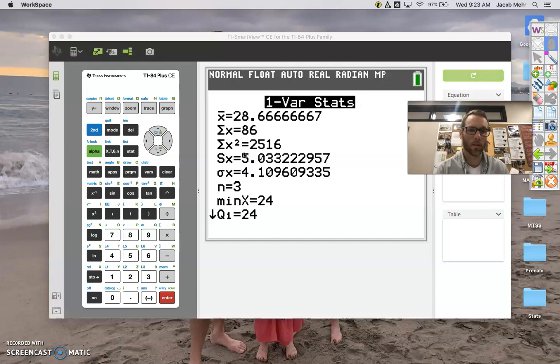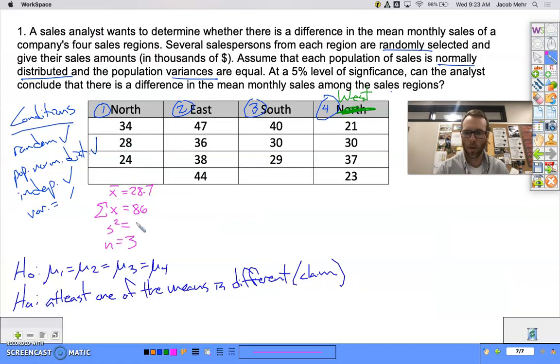Here's the sample standard deviation. We want the variance, so we need to square that. 5.0332222957 squared, and I get 25 1/3. We'll write that as 25.3.